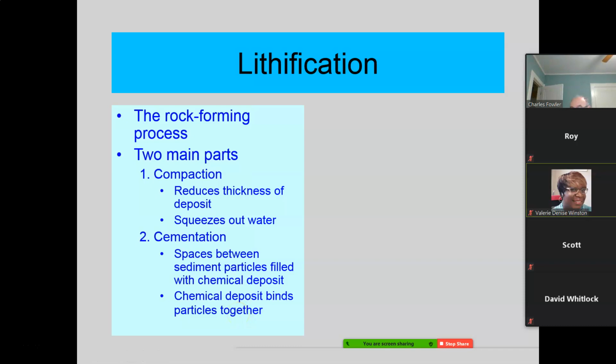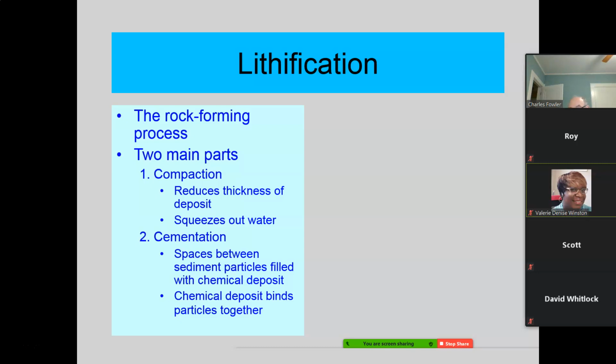Just like if any of you have ever mixed concrete, you put the cement in, you put your sand or your gravel or whatever your particles in there, and then you add water and you mix it together. You don't want to get it too wet. If it gets too wet, it's weaker concrete.